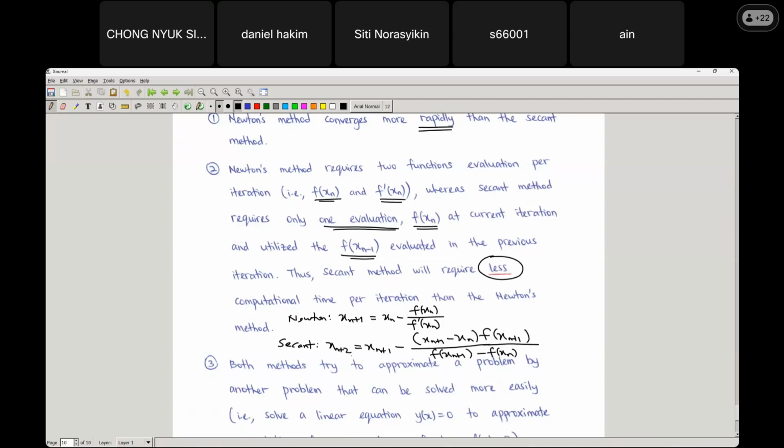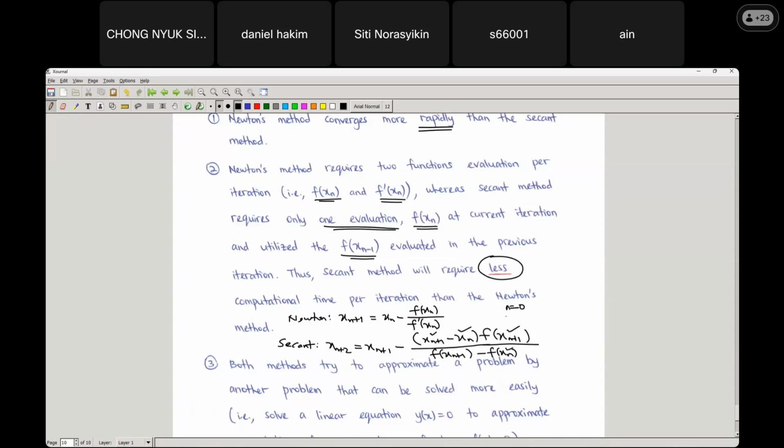So that's why you only need to calculate one new value, which is f(x(n+1)). Because the initial value is given, so you can get it. So when n equal to 0, you have this info.